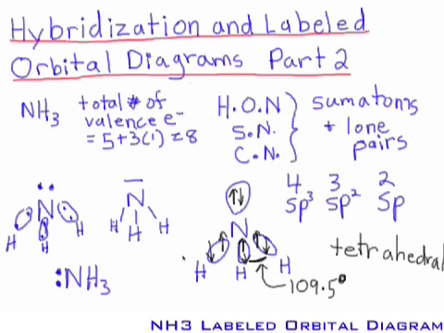And lastly, we need to label the bonds. Nitrogen is using an sp cubed orbital. Hydrogen is using a 1s. So what we have here is a sigma 1s sp cubed. We don't label the lone pair, and we can indicate nitrogen is sp cubed hybridized.